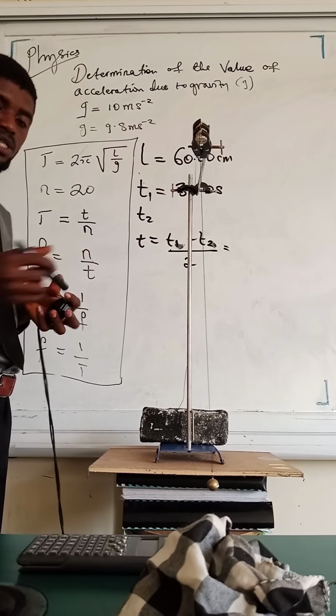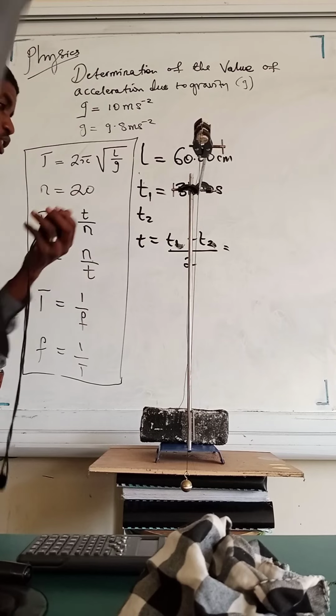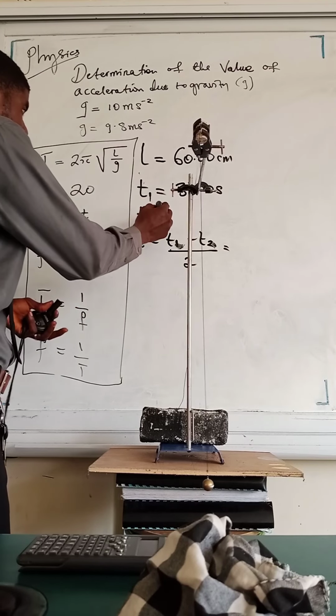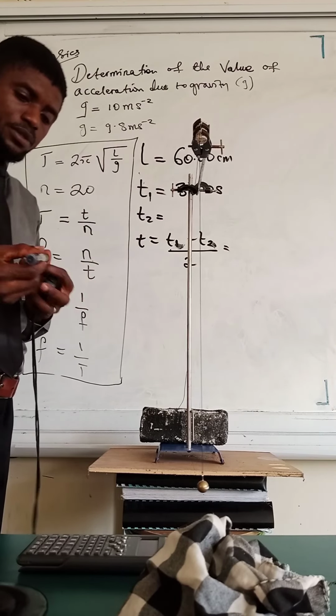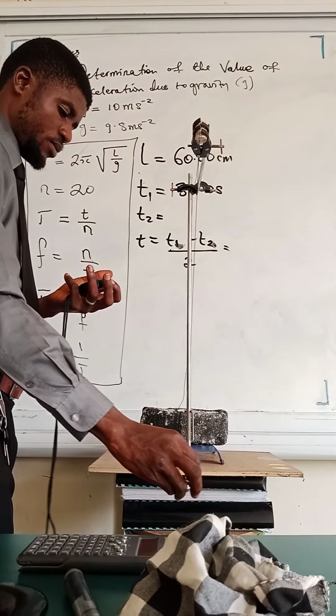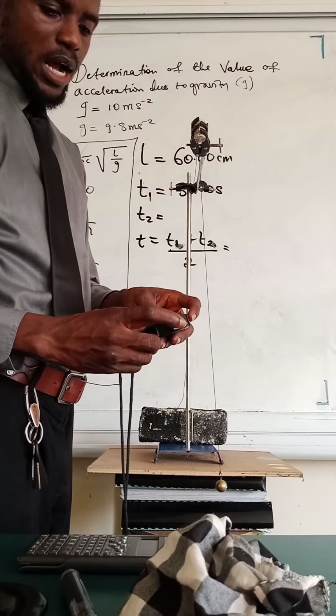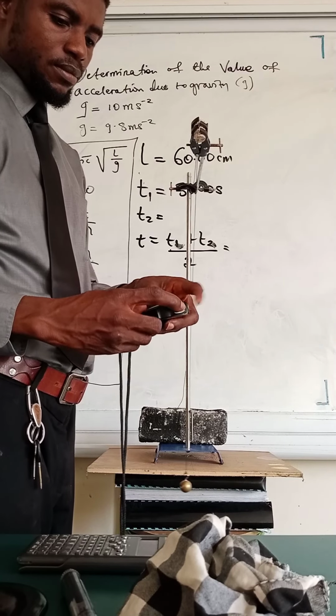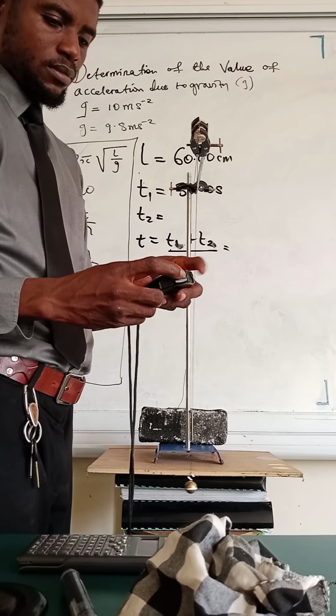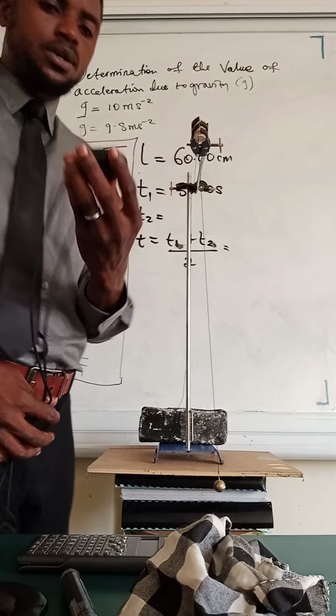That is the average T. So we are going to find T2 again so that we get accurate results. So we reset our stopwatch and do it again for the second time. Back to 0, 0.